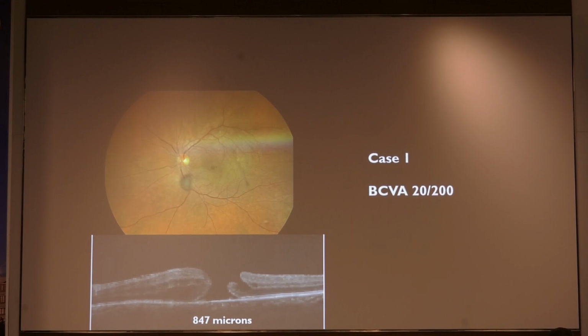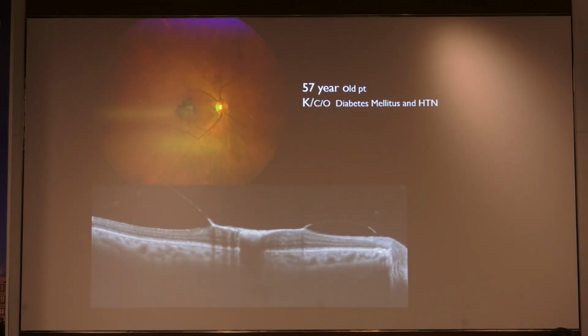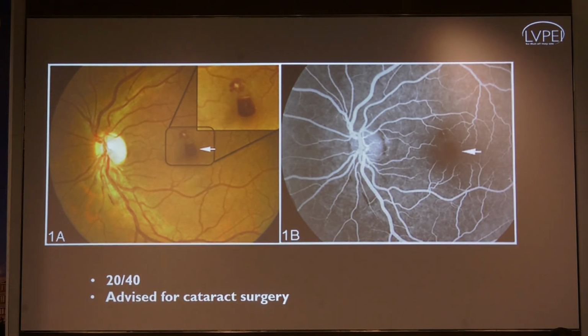Another patient was referred to the retina services with a cataract, but when you do a retinal evaluation, you see pigmentary changes and a vitreomacular adhesion. This was a patient who, apart from having diabetes and hypertension, also had parafoveal telangiectasias. So you may see retinal pathologies which may compromise vision.